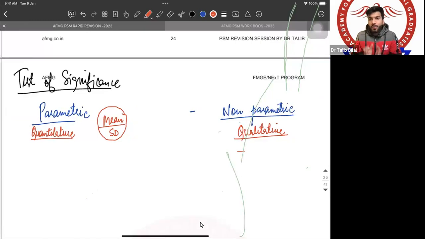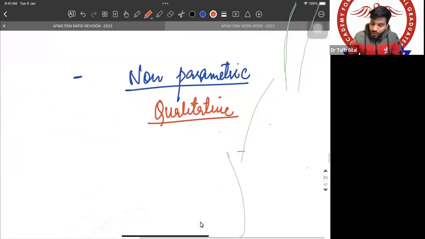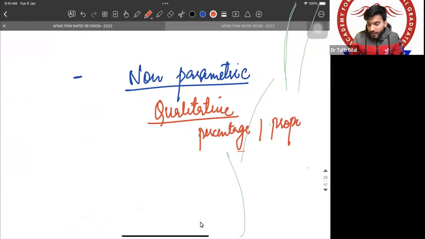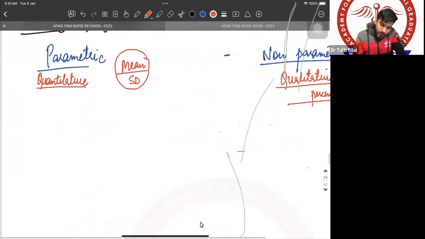Then I will discuss what are the tests that we have in the parametric or quantitative data. And if it's mentioned percentage or proportion, then which type of data are you talking about, guys? Qualitative data. Okay, now the first test that we have here is called the student t-test.